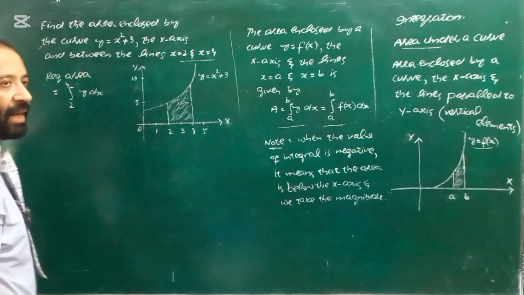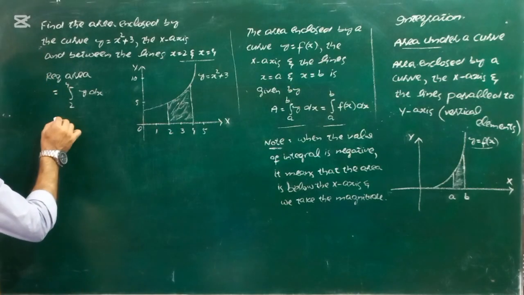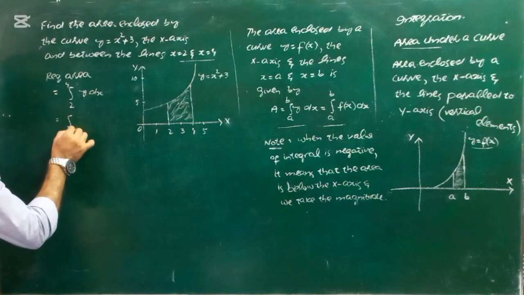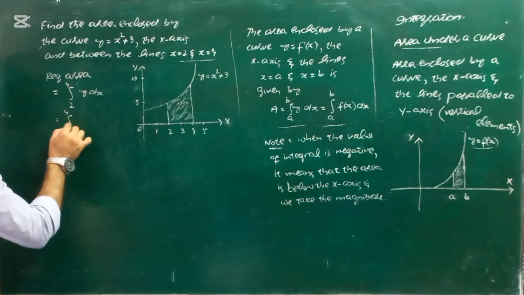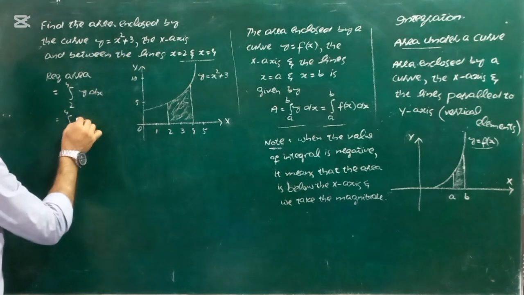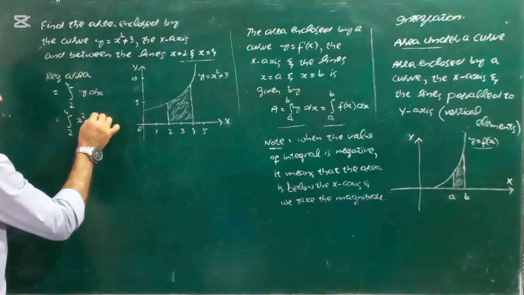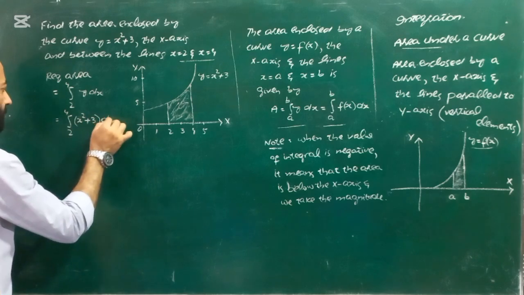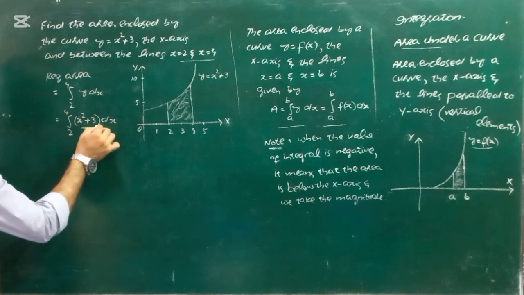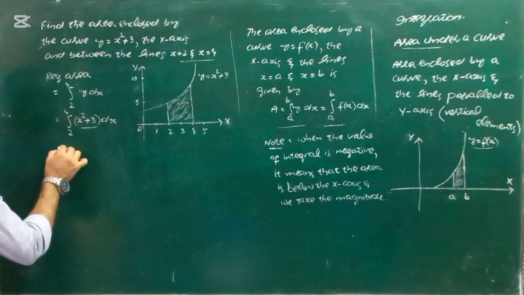So this is the formula that will be used. Now we are going to put in the values. 2 to 4 is as it is. y is equal to x squared plus 3x dx. Now we will integrate the function.